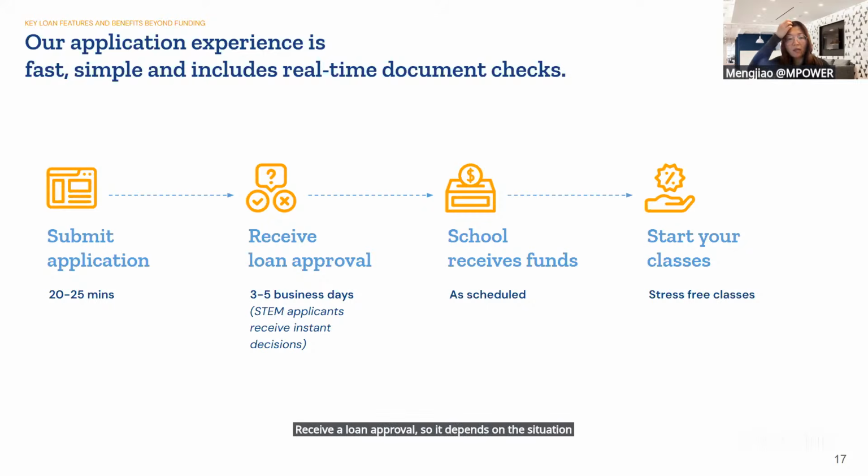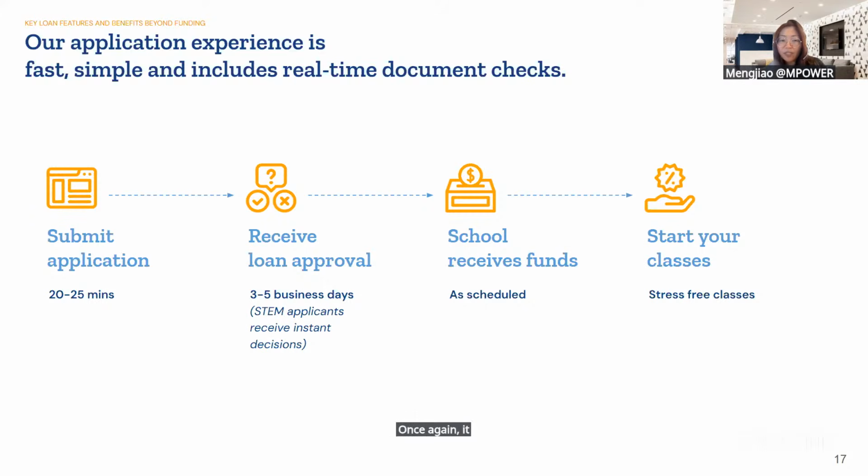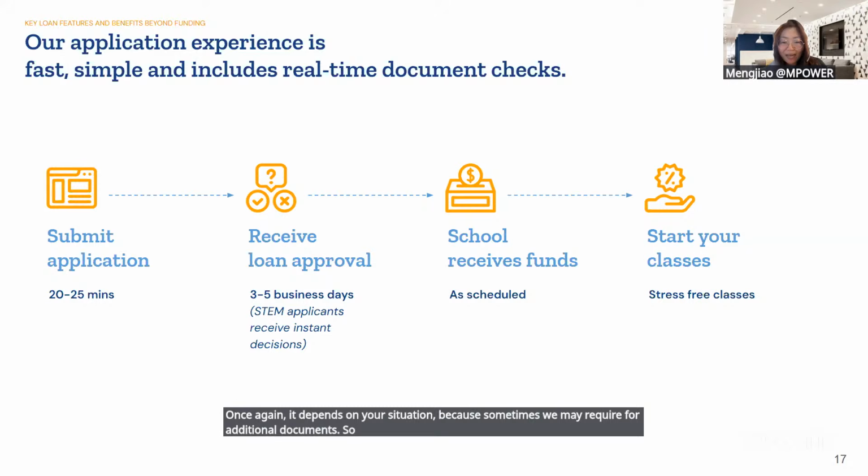If you already provide all the required documents and complete all the required steps, then usually we can provide the loan decision within 3 to 5 business days. Once again, it depends on your situation because sometimes we may require additional documents. So it's really case by case. Sometimes it may take longer than 3 to 5 business days, or it may be shorter.